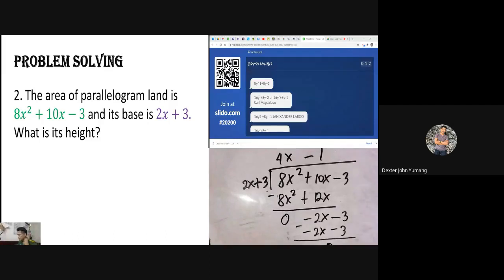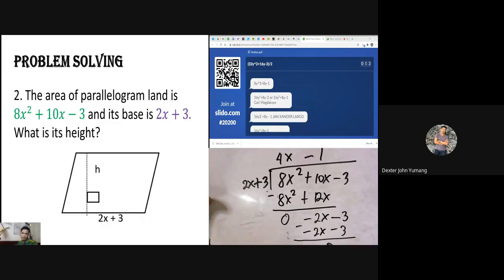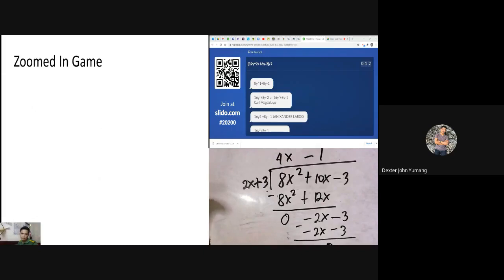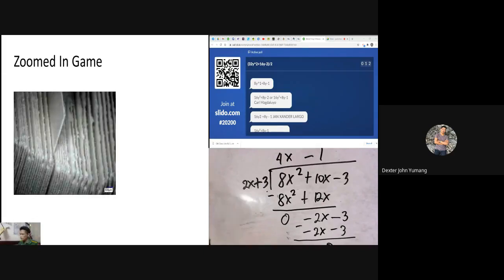Okay, let's proceed. So the next example is... Wait lang. Okay, what is that image?